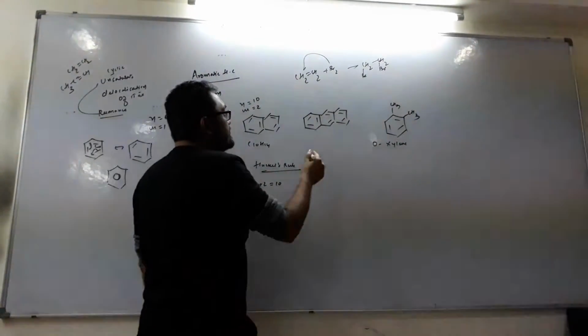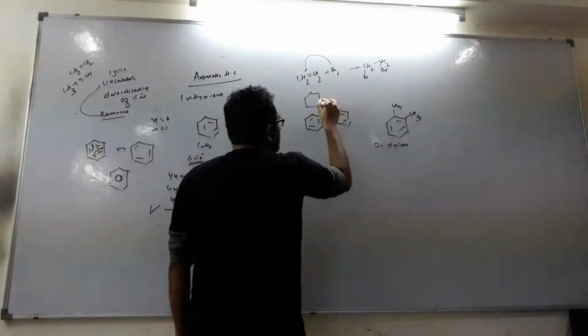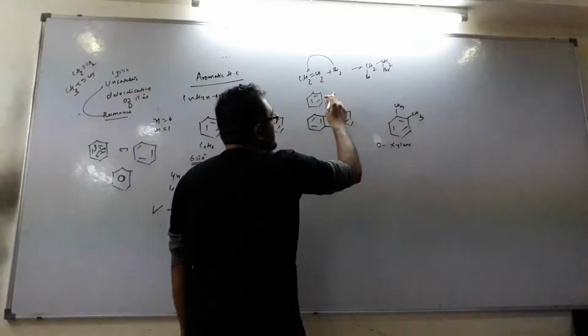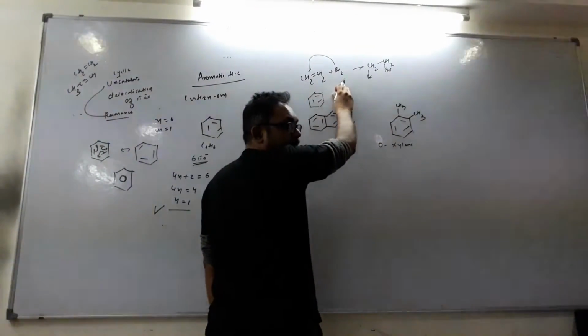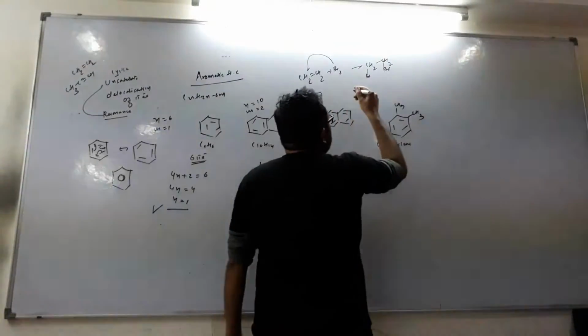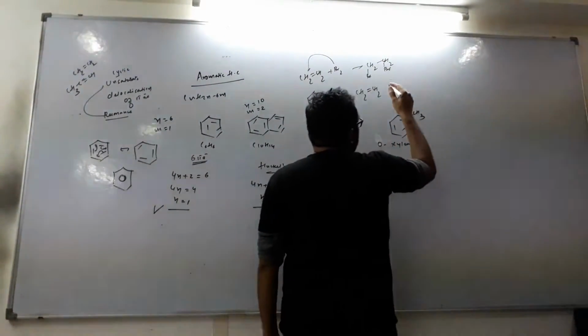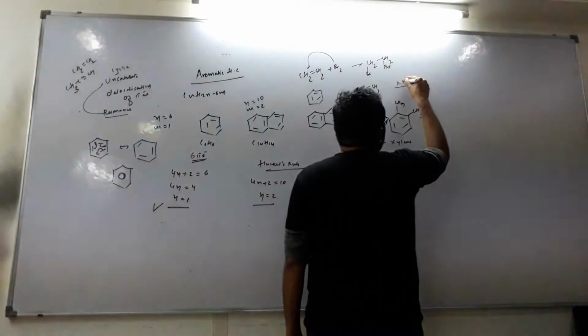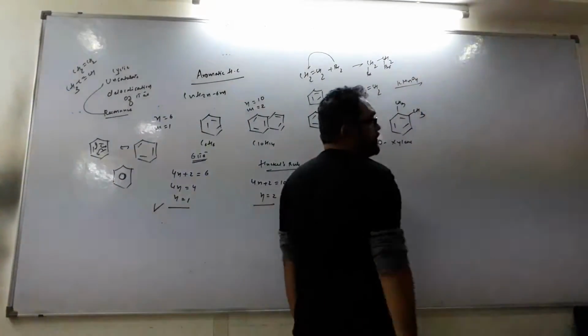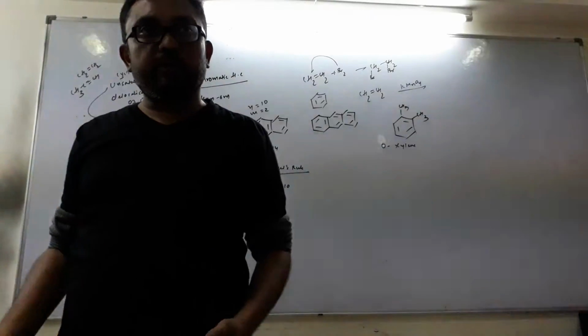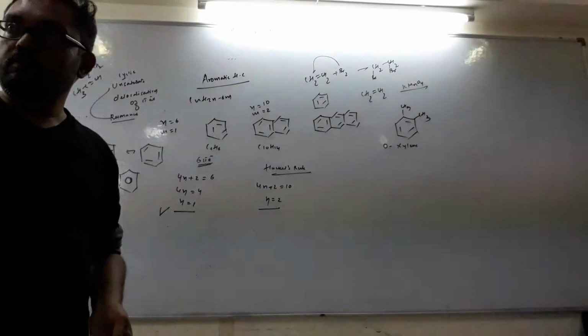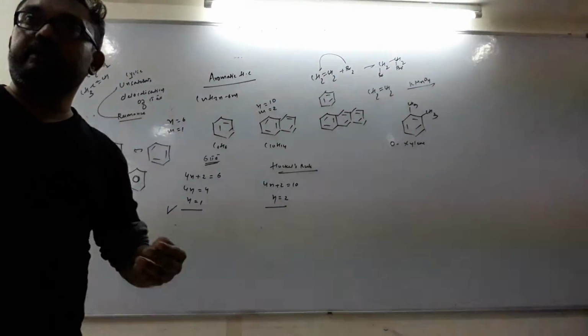But benzene resists addition reaction. It does not undergo addition reaction with bromine so easily. So it does not decolorize bromine water. You know, ethene decolorizes potassium permanganate solution. With cold and dilute KMnO4, what does it give?